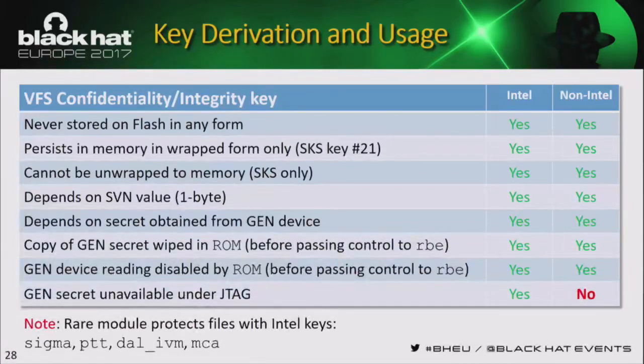Actually, they are stored in memory for a long time between process switches and so on. They are always wrapped with key number 21. So if you find a way to read the memory, you will get nothing. You will get only an encrypted key, but you don't know the decryption key, and you are unable to decrypt it in memory using access to SKS.